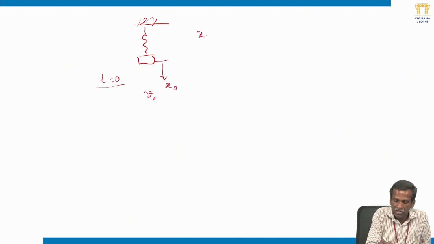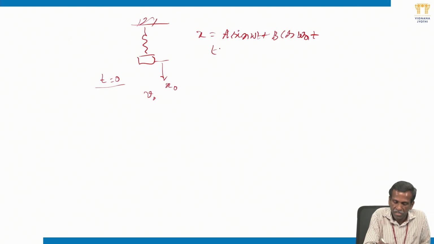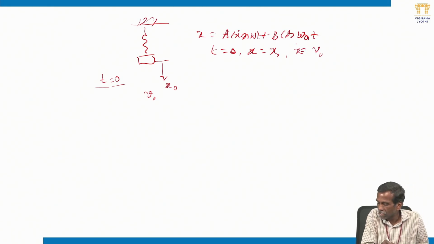I will take x equal to a sin omega n t plus b cos omega n t. At time t equal to 0, x becomes x naught, and x dot becomes v naught, the initial velocity you give while displacing the mass.